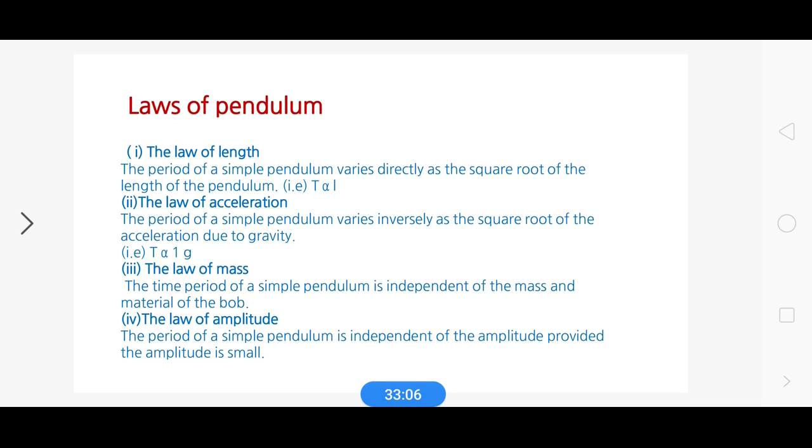That is the meaning of the law of length. Then the law of acceleration.